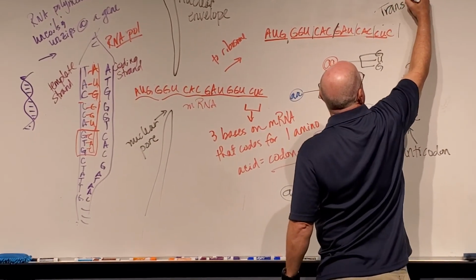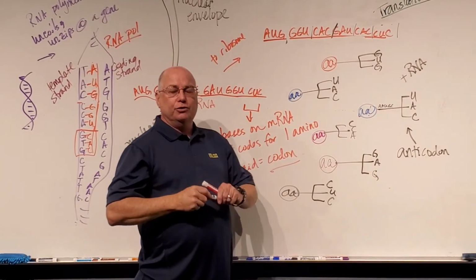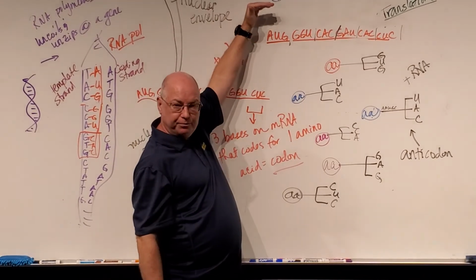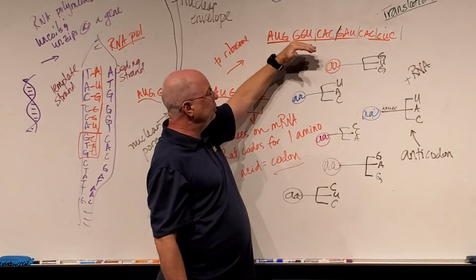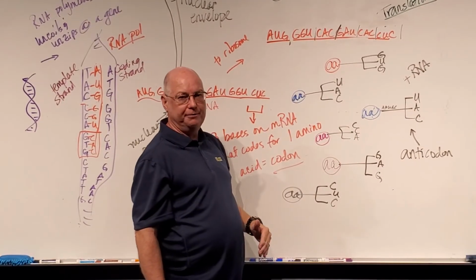I'm not going to write out the definition, but I'm going to tell it to you the way that I want you to know it. Translation is the assembly of a protein, 1 amino acid at a time, that occurs at the ribosome as the ribosome reads the messenger RNA.